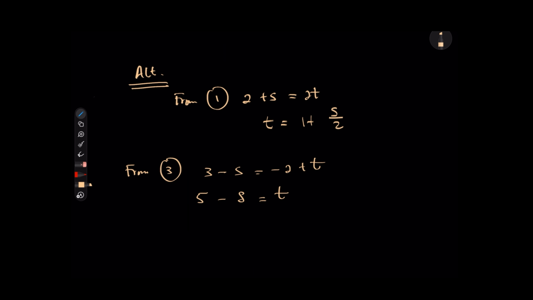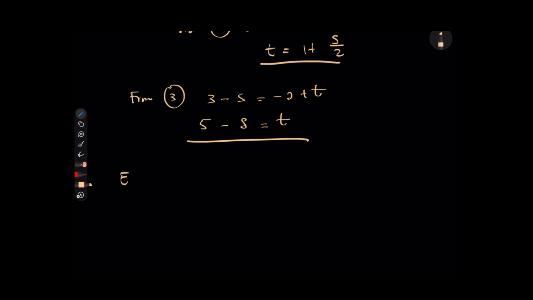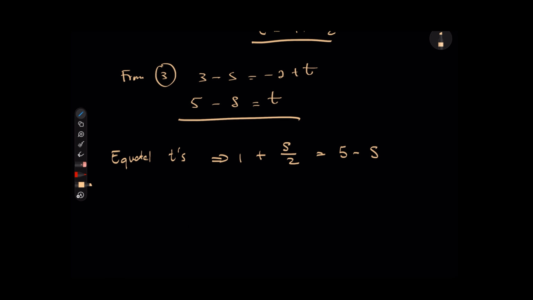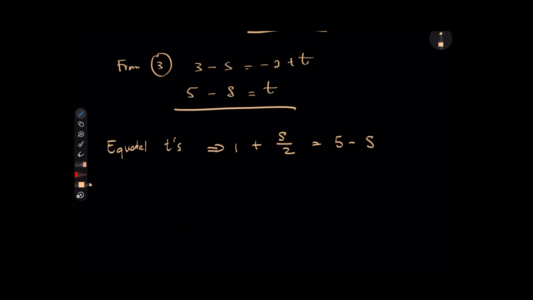So I have t here now, and I also have t, so let's equate both of them. I would have gotten that 1 plus s all over 2 is equal to 5 minus s. Now I'm going to solve for s.